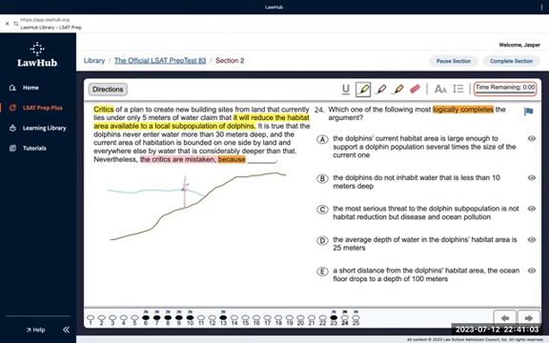Let's say this is where we have, it's just 5 meters. And then they say dolphins never enter water that's more than 30 meters deep. So way out here, I mean, this is not to scale, but way out here, dolphins aren't going to go beyond that point. And the current area of habitation is bounded on one side by land and everywhere else by water that's considerably deeper than that.